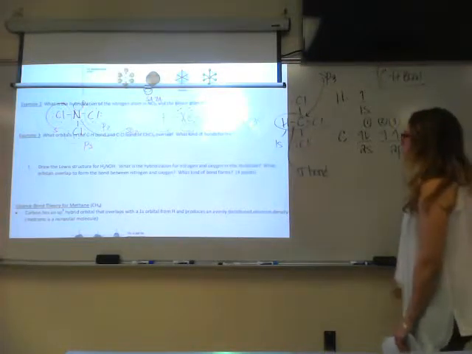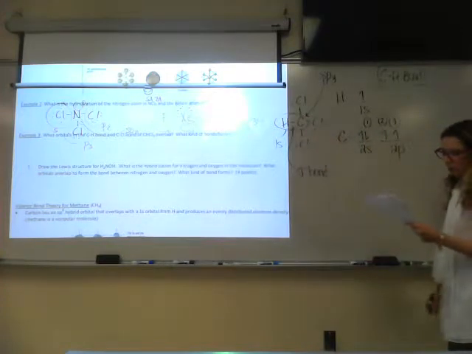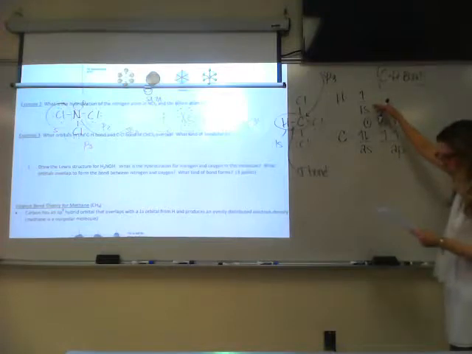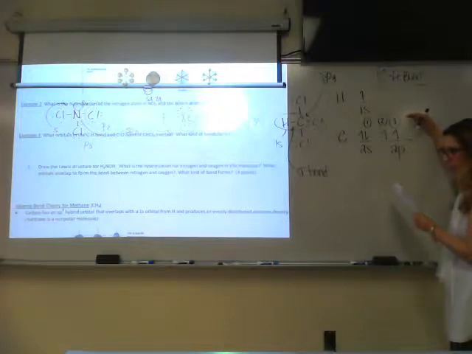So they're more specifically asking, what did you form and how? And so you're going to have an overlap of a 1s electron with an electron from one of carbon's valence shells, okay?